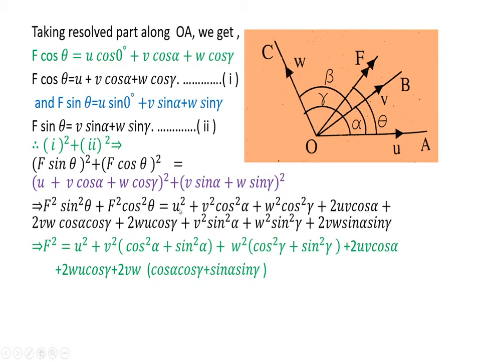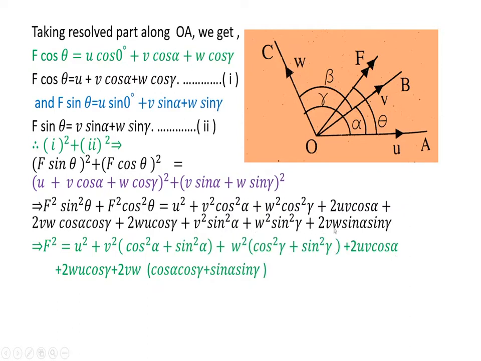Here u square remains unchanged. If we take v square common from these two terms, we get v square into cos square alpha plus sin square alpha. And if we take w square common from these two terms, we get w square into cos square gamma plus sin square gamma. 2uv cos alpha remains unchanged, so here we write 2uv cos alpha.